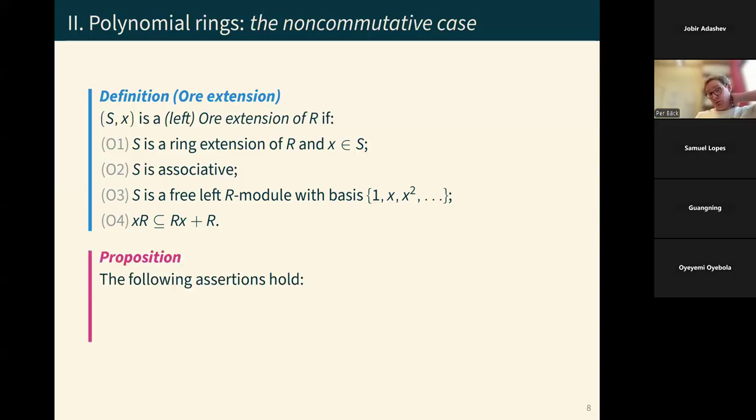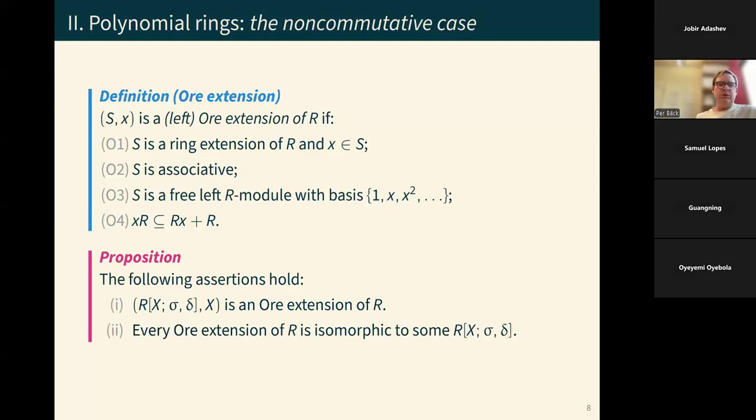Now it turns out, not surprisingly, that these rings that we started with, constructed concretely, are examples of Ore extensions. I then use capital X. Also, if you start with this more abstract definition, each of these abstractly defined rings will be isomorphic to a more concretely constructed one, a generalized polynomial ring, I think I call them.